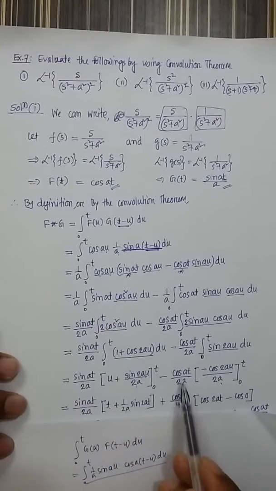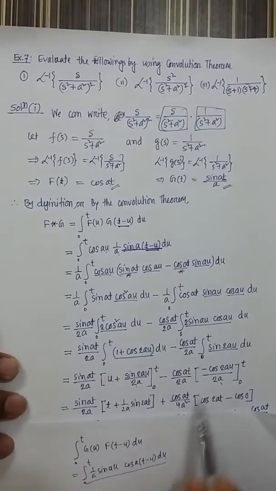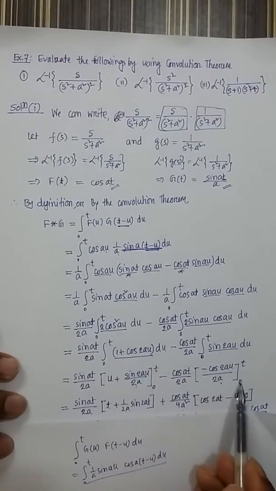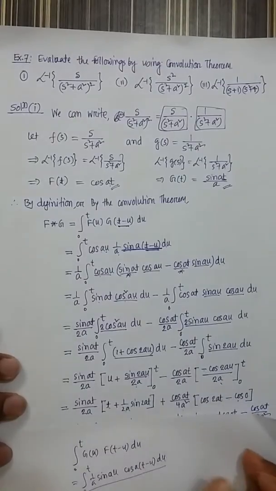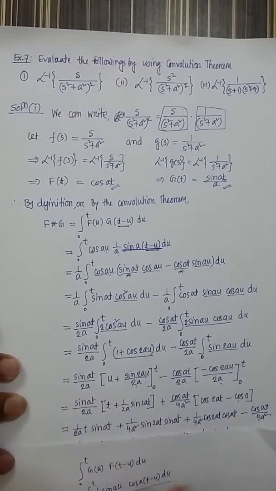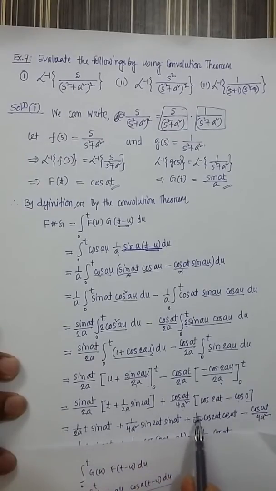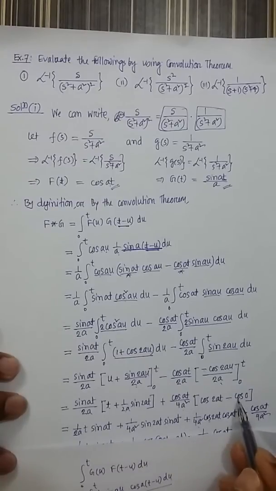From the other term, cos at by 2a into 1 by 2a becomes 1 by 4a square, with plus cos 2at minus cos 0. Multiplying out, we get 1 by 2a times t sin at plus 1 by 4a square sin 2at sin at plus 1 by 4a square cos 2at cos at minus cos 0, which means 1, so multiplication gives cos at by 4a square.